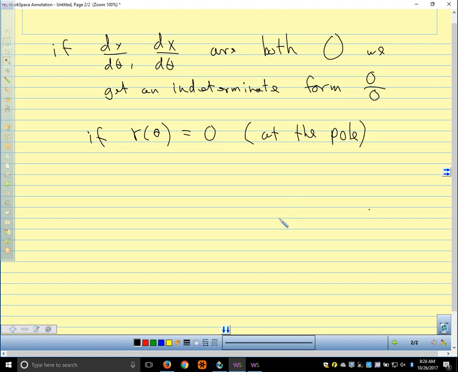And I'm going to say at theta equals alpha, some theta value, r prime of theta does not equal 0 at theta equals alpha. So we're saying that we're at the pole, but r prime is not 0.